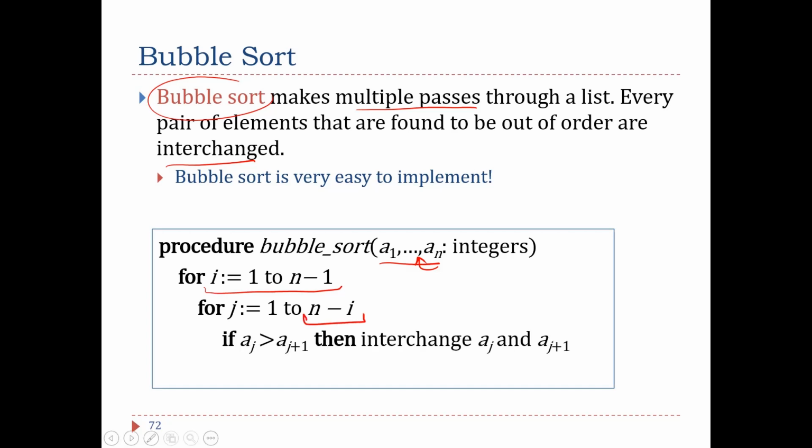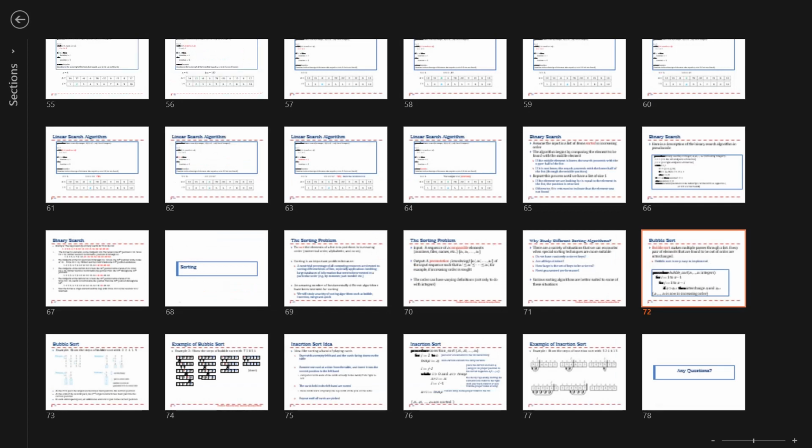And if aj is strictly greater than aj plus 1, it means they are out of order if I want to sort them in increasing order. Then we interchange aj and aj plus 1. Okay, let's reinvent this algorithm on our own, actually.